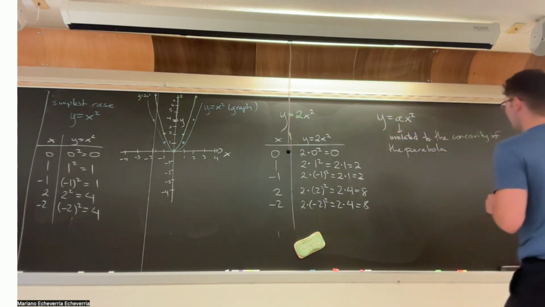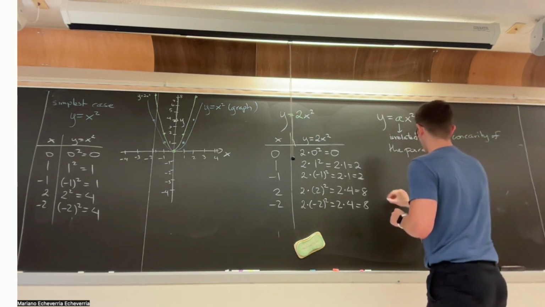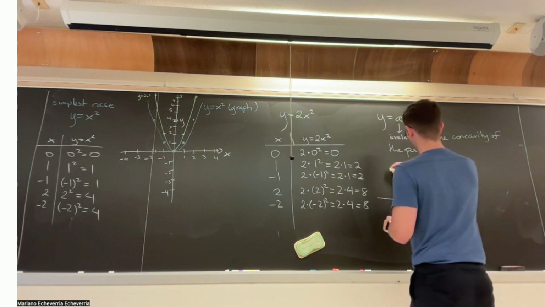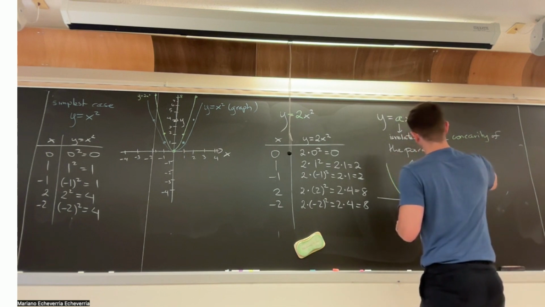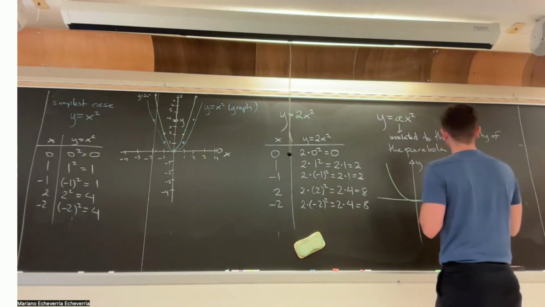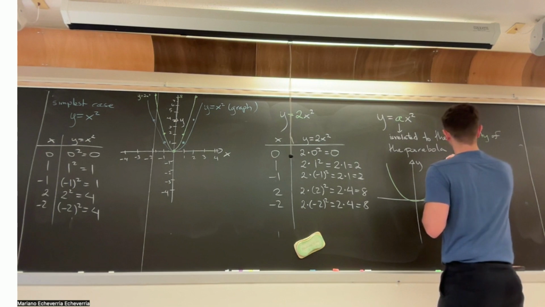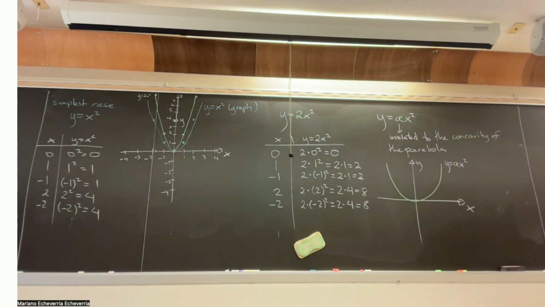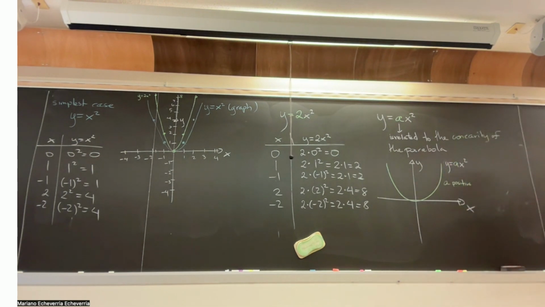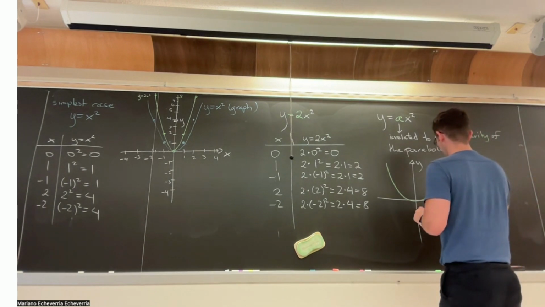When a is positive, the parabola looks like this. This is how parabolas look, more or less, for positive a. So here a is positive, and this is called a concave up parabola.